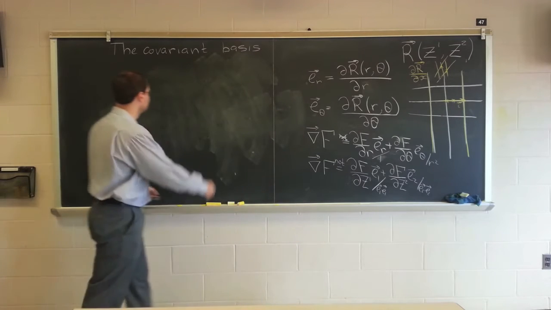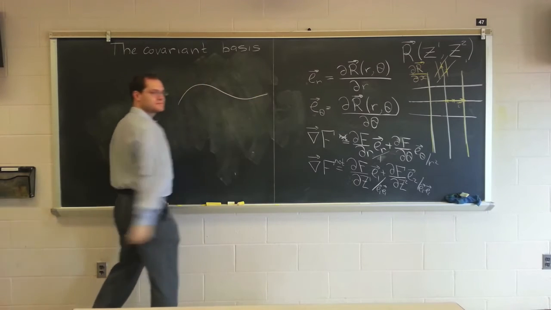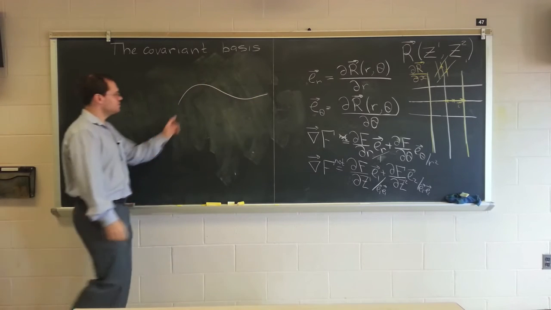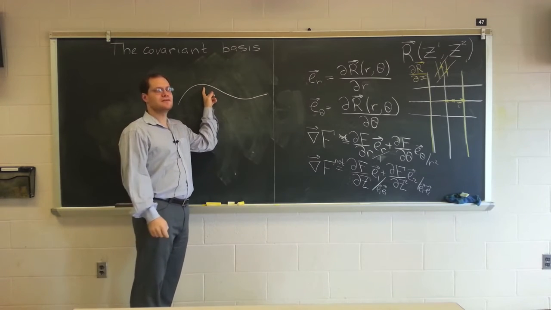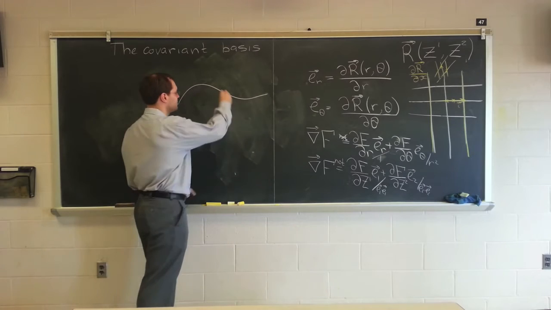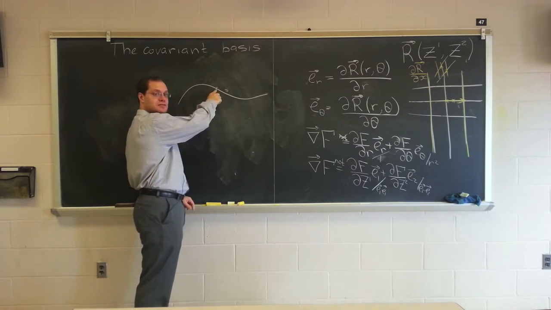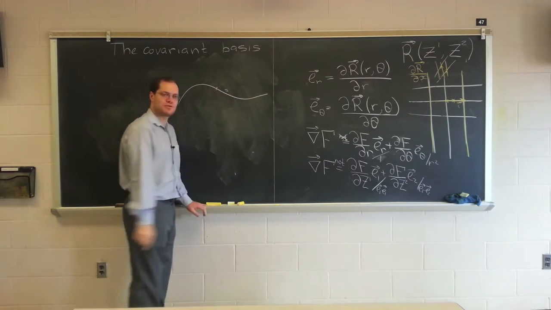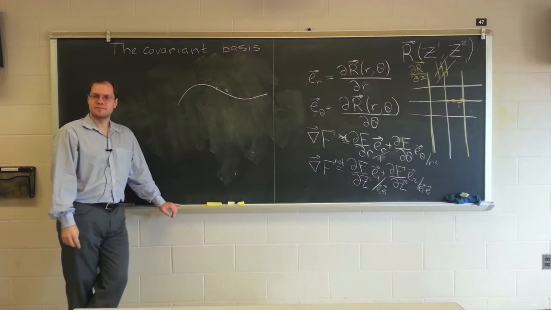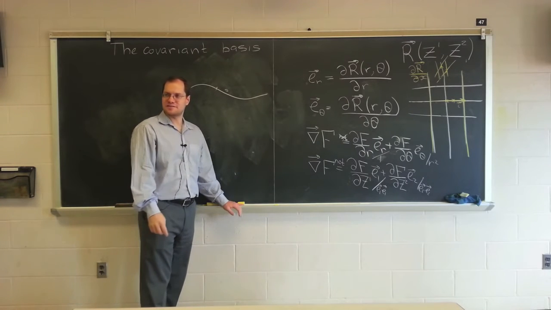Consider a curve. Remember we said x is a function of, let's even use arc length, s. This is where arc length starts its count. Positive in this direction, negative in this direction. Arc length is our parameter. We would consider x as a function of s and y as a function of s.